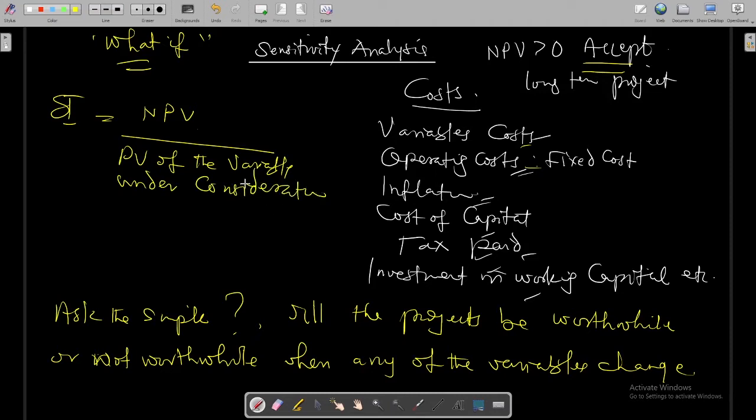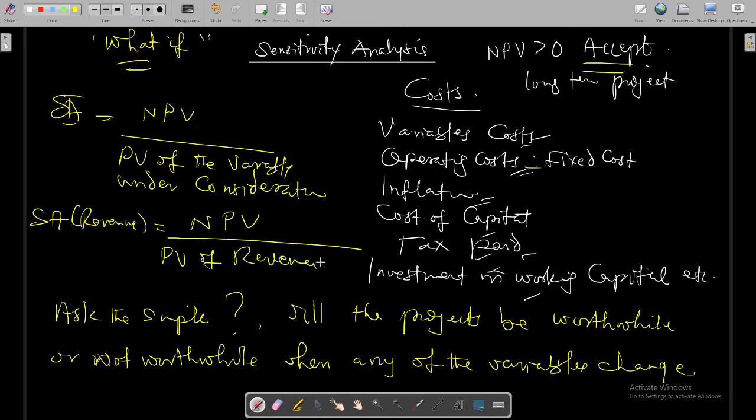So let's take, for instance, that we want to look at the sensitivity of a project's revenues. The sensitivity of project revenue is going to be the NPV of the project divided by the PV of the revenue.